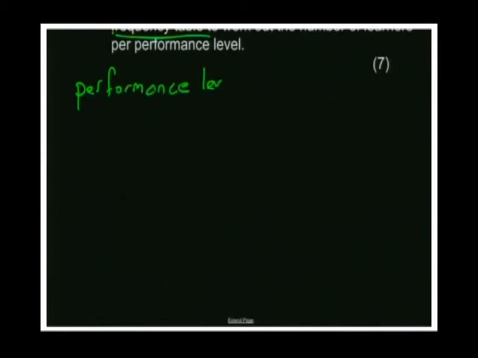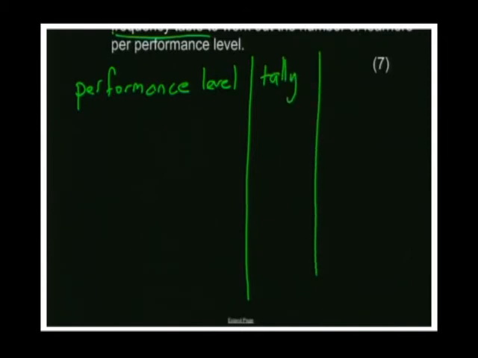So my performance level is my first category. Then I'm going to be using a frequency table, but I'm going to first do it as a tally. And then finally, I'm going to give it a frequency. Now, I'm probably going to need more space for the tally. Tally, and then finally the frequency.